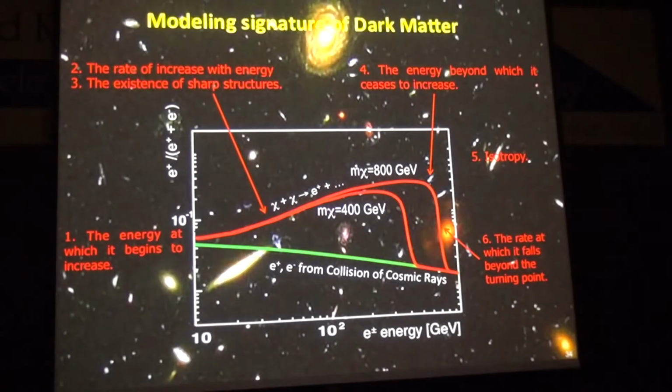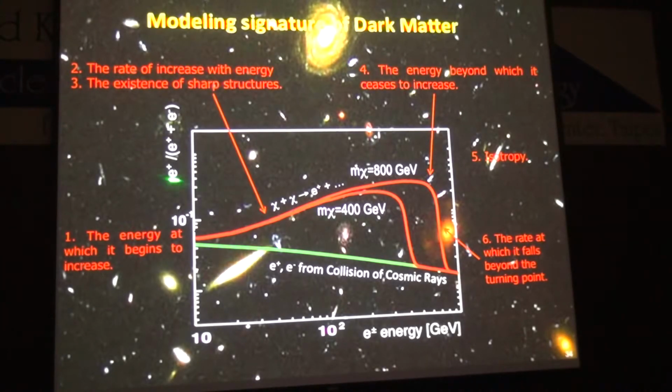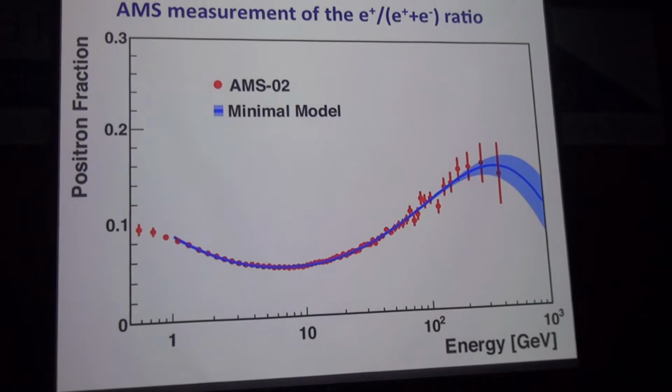And finally, as I mentioned, we look at the electron positron fraction, and this picture shows the AMS measurement of positron fraction from 1 GeV to 500 GeV. Indeed, we see this rise of positron fraction.